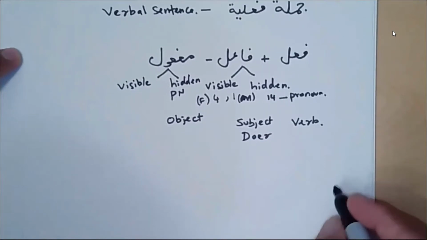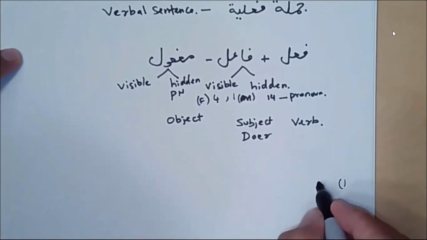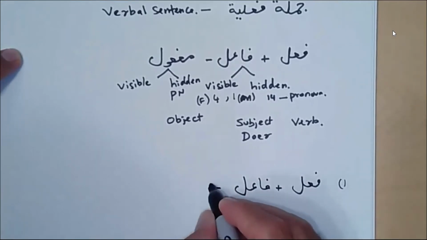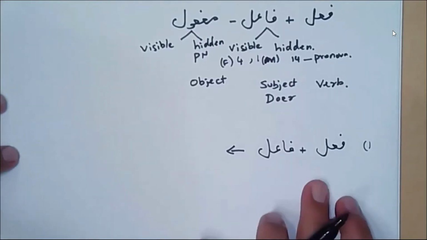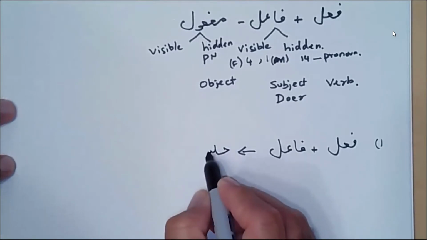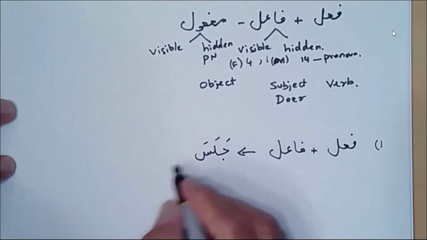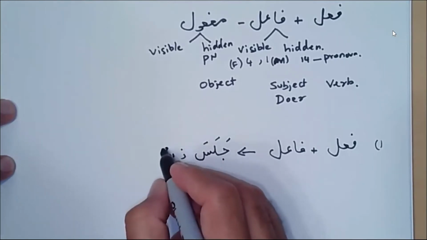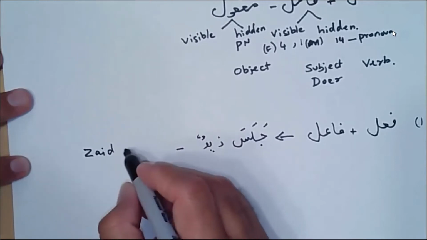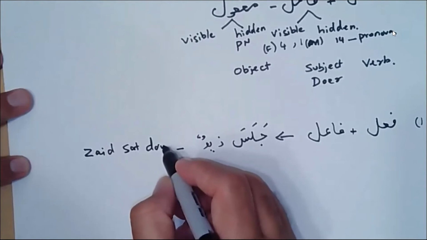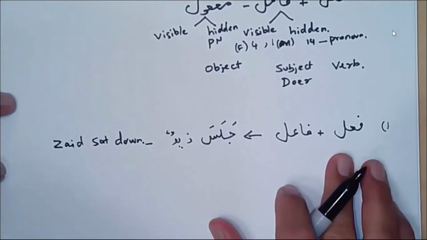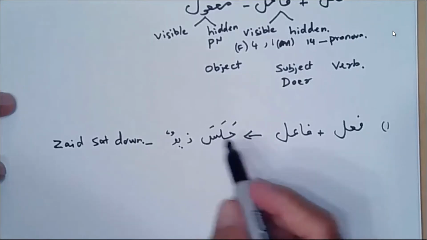So we also know that in a jumla felia, we have two kinds of verbs. We have one where we need fa'il plus fa'il, and this is enough for the sentence to be complete. For example, we can say jalasa zaidun. What is the meaning of jalasa zaidun? Zaidun sat. Zaid sat down, right? Now, in this jumla, or in this combination of fi'l, the action is happening on the fa'il.